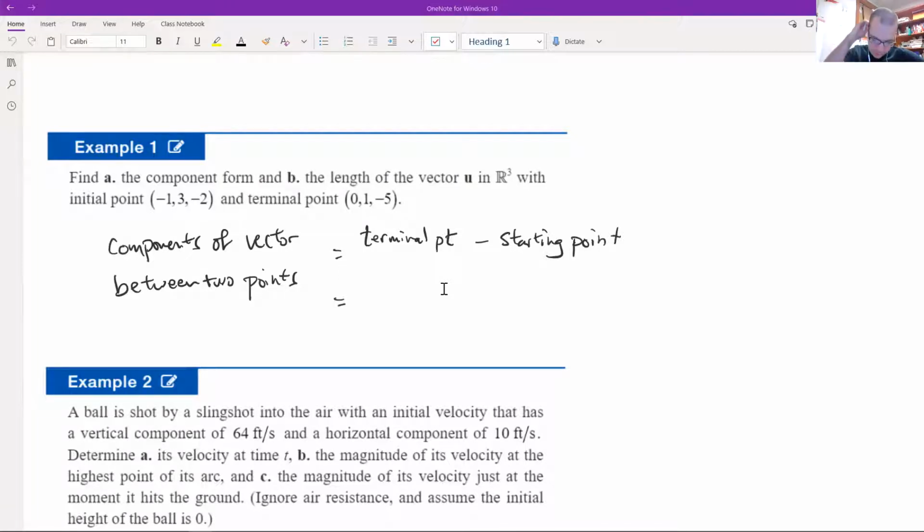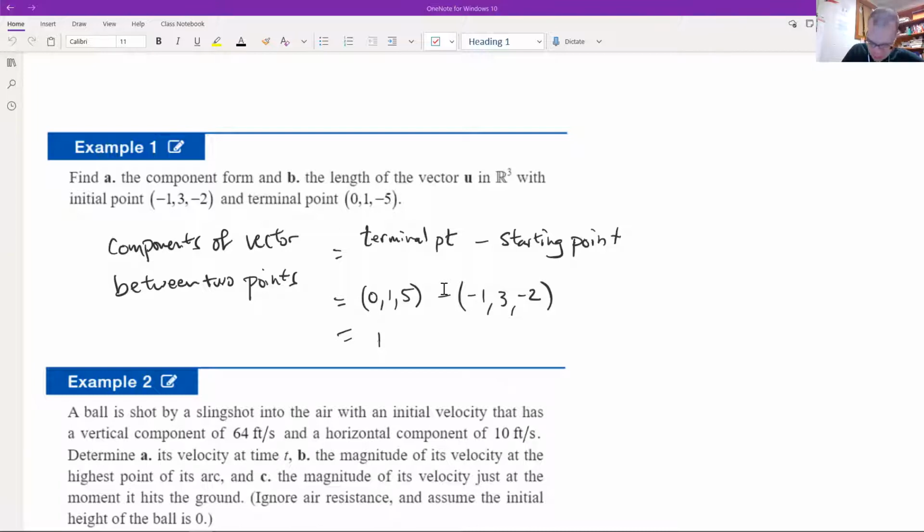So if we use this, and we're subtracting off -1, 3, -2, 0 minus -1 is 1.